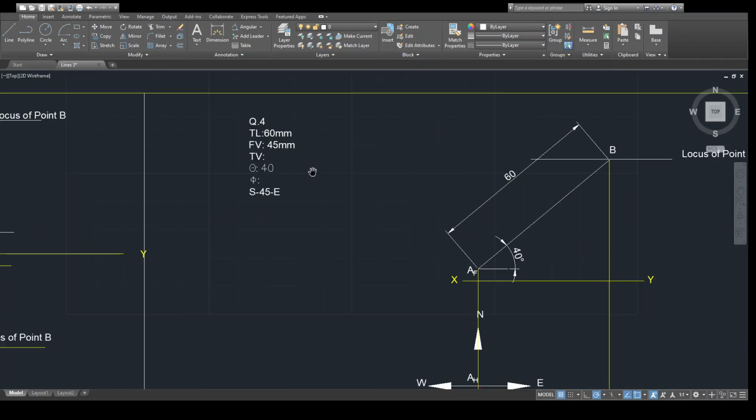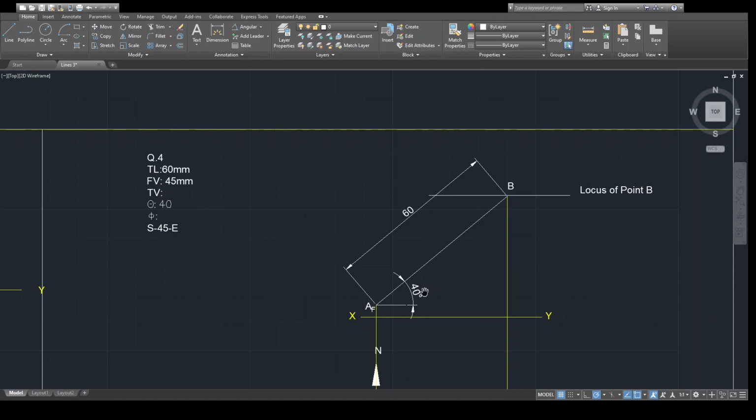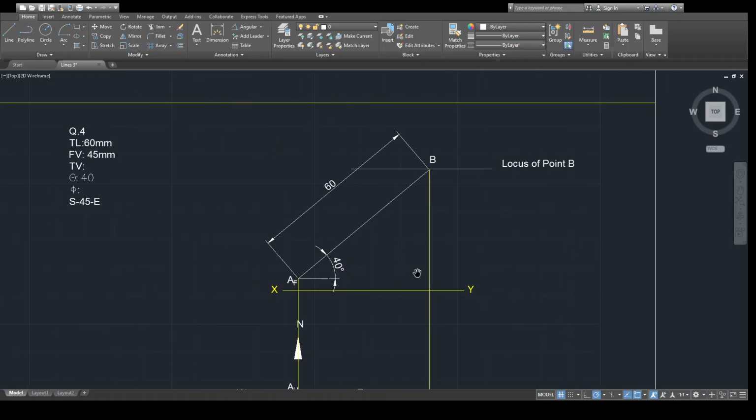But fortunately, we have the front view length 45 mm. So what you have to do? Take AF as center, take the compass with a radius of 45 mm, and from AF cut somewhere here, so that you will get point BF.